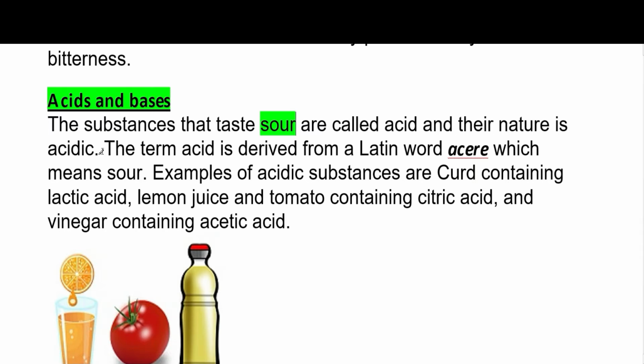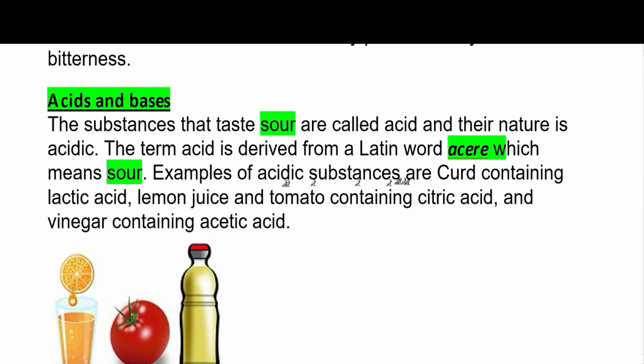The term acid is derived from the Latin word acere, which means sour.